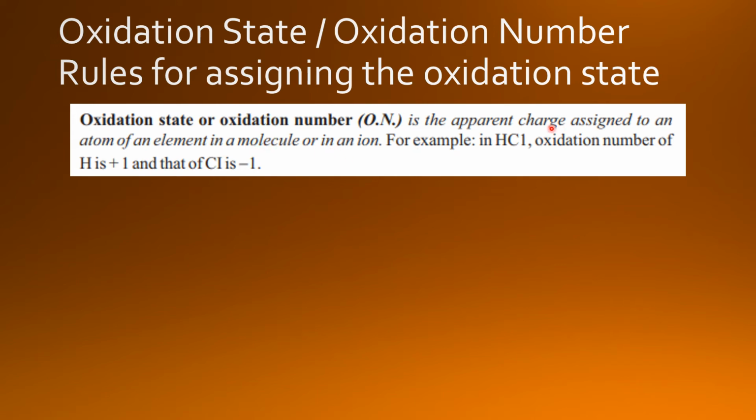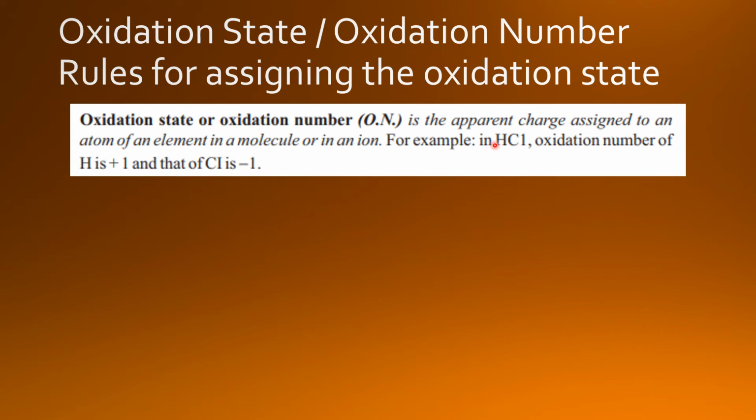So the apparent charge that an atom has in a molecule or in an ion is called the oxidation number. Just like if we take the example of HCl, the oxidation number of hydrogen is +1 and the oxidation number of chlorine is -1.